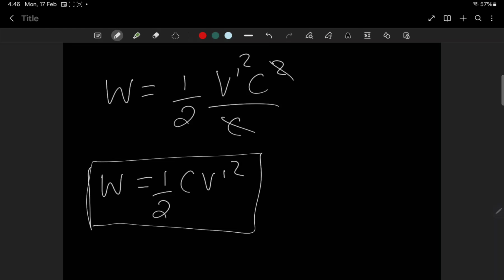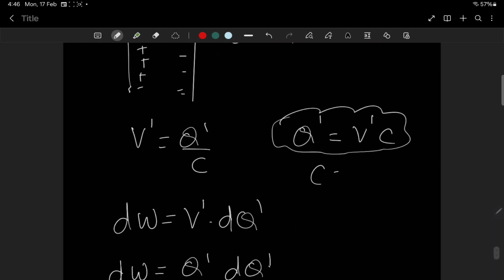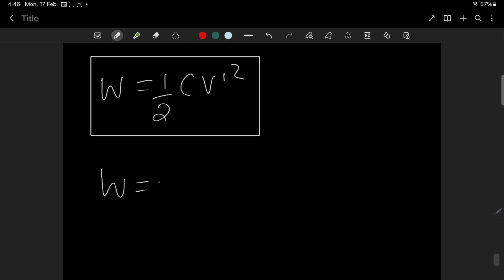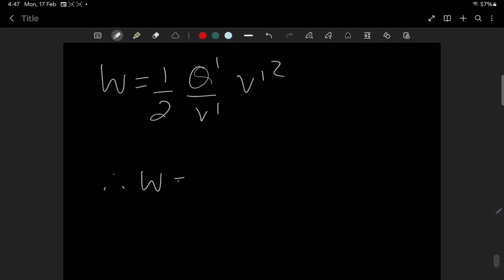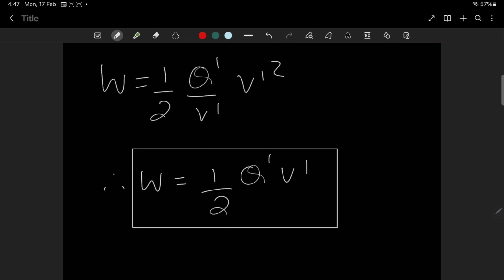It's another way of writing it. Now we can substitute C as Q dash by V dash in this equation. So W is equal to half into Q dash by V dash into V dash square. Therefore W is equal to half into Q dash V dash. This is also an equation for work.